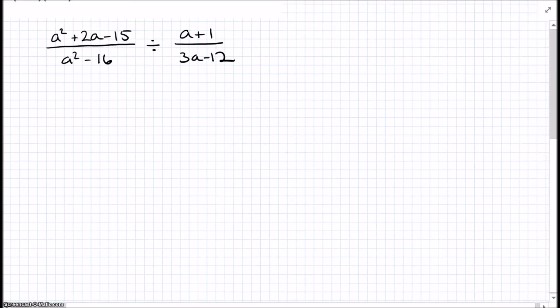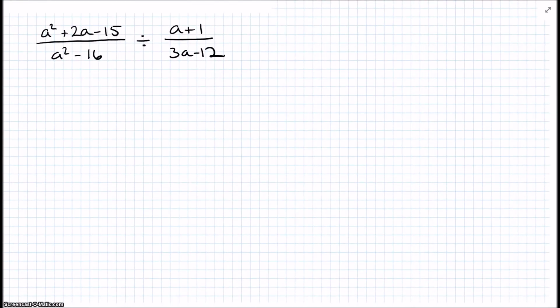All right, let's look at this. Well, we already know any denominator cannot be equal to 0. But since we're dividing by the second term, the numerator of that cannot be equal to 0 either.